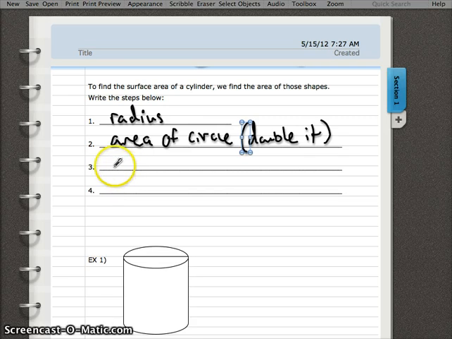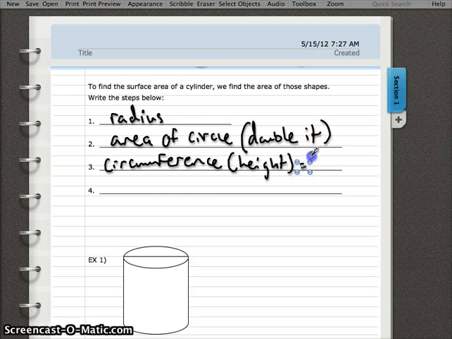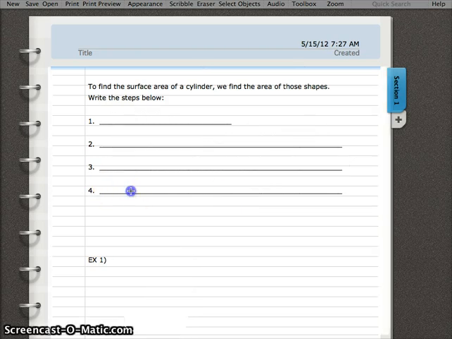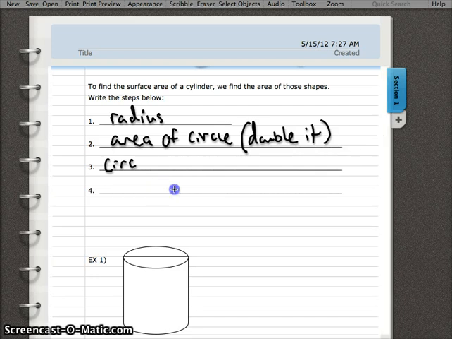And then find the circumference, because we're going to multiply that by the height, and that's going to equal the area of our rectangle. So find the area of the rectangle by finding the circumference and multiplying by the height. And then to find the total surface area, you just add up all your areas.